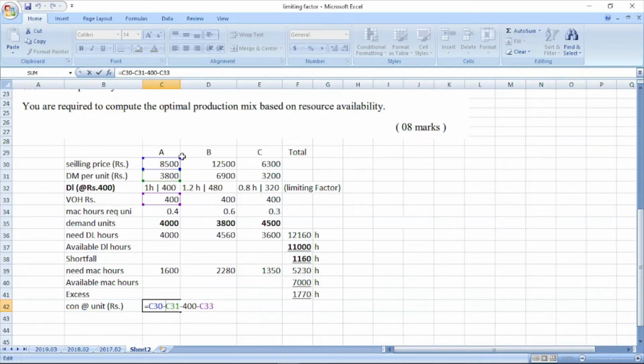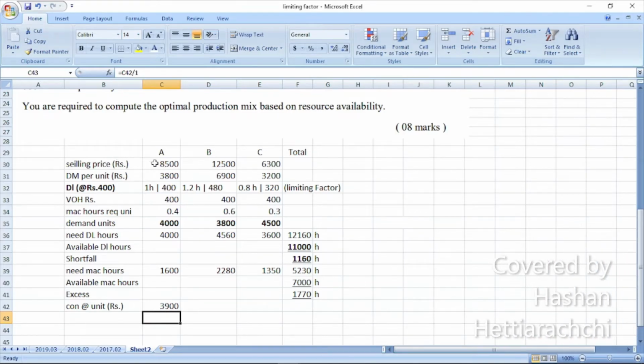The selling price minus direct material per unit, minus direct labor, minus 400 variable overhead, gives the contribution.